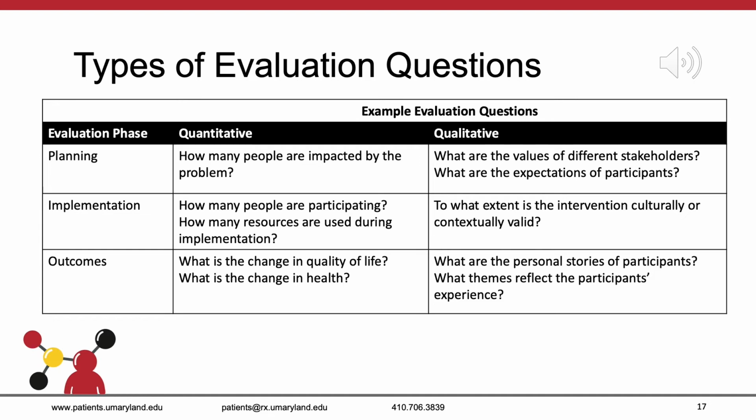In the outcomes phase, we want to ask questions that may relate to the impact on quality of life or the change in health or health outcomes. Potentially we may ask what are the personal stories of those who participated, what are the themes that reflect the participants' experience. So again, the types of questions we ask may really relate to what phase of the project we're in, and then the type of data we want to collect.